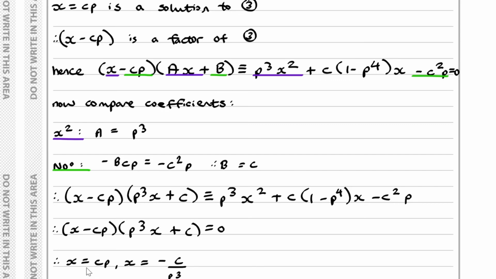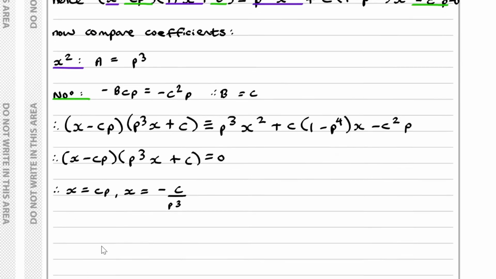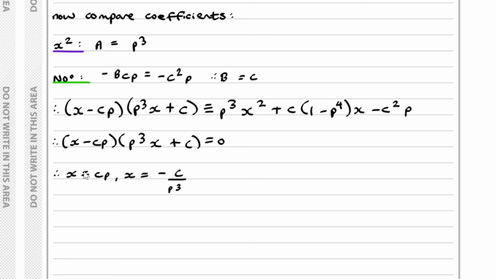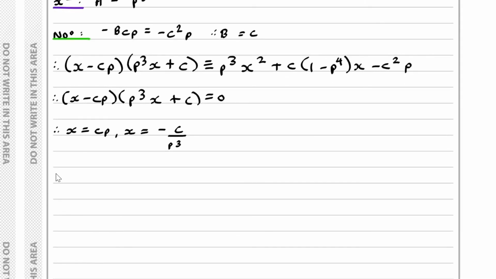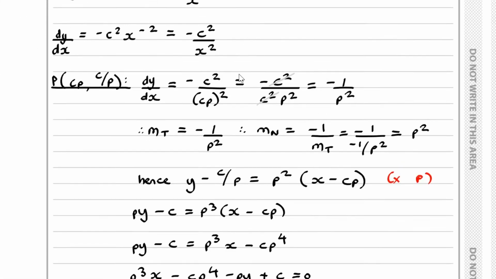Okay, and here x equals cp is one of the solutions we've already met, and therefore the coordinates of q we can find by substituting this solution over here, we'll call this 4, into equation number 1, and that will tell us what y is.